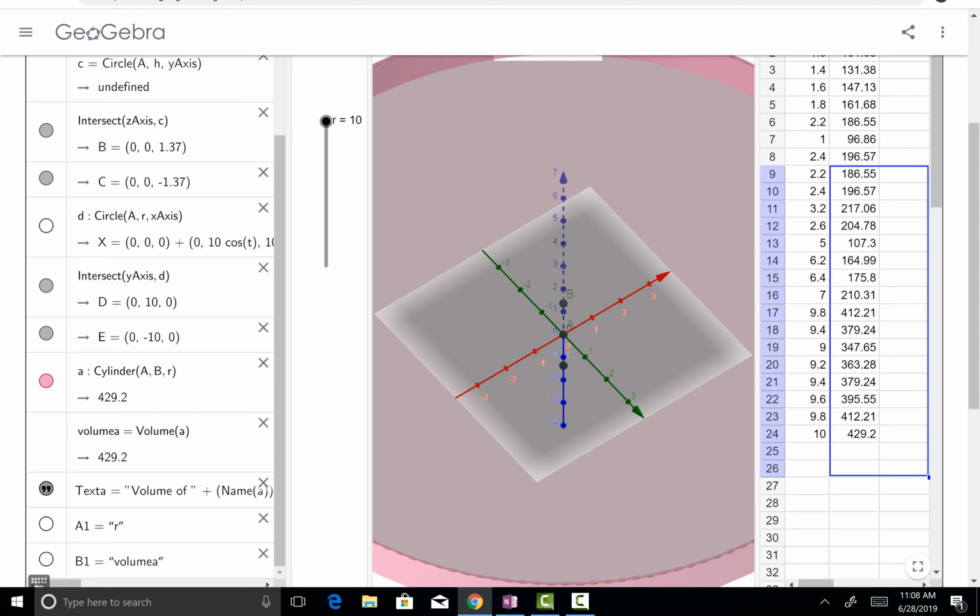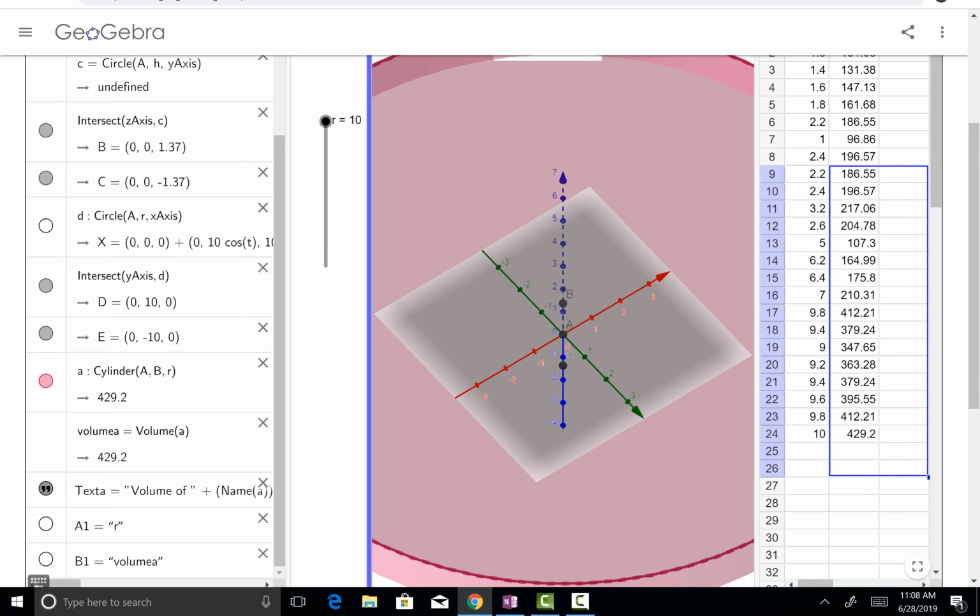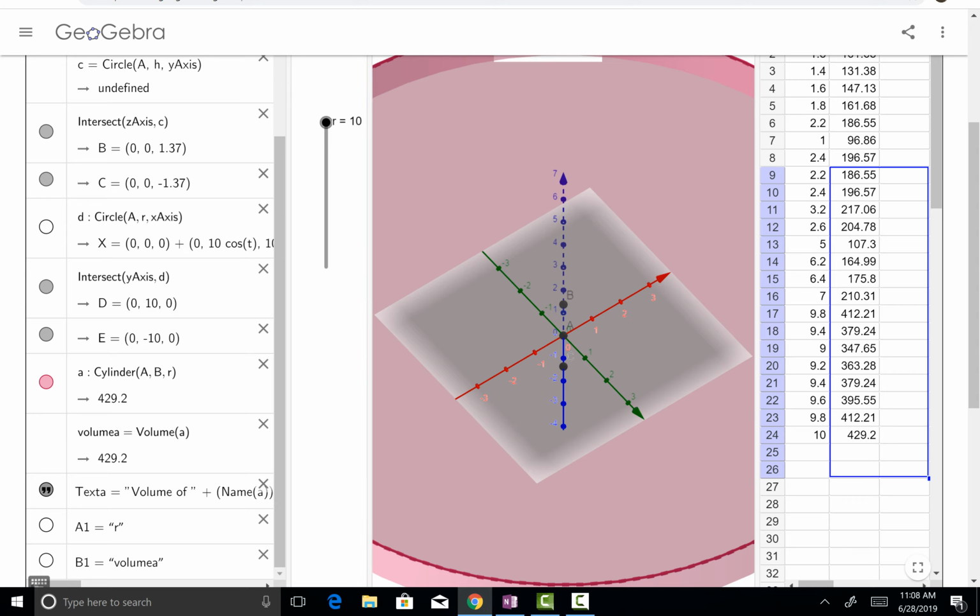Now over here, you can make this algebra window a little bit smaller, and you should be able to grab and do that. I can't, it won't let me do it, but you can make that a little bit smaller.